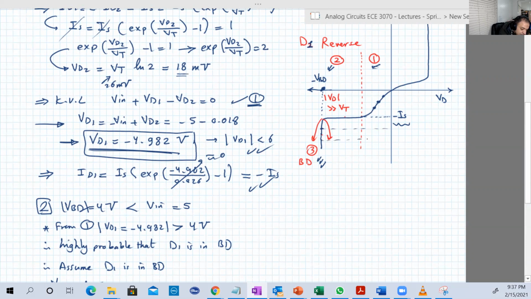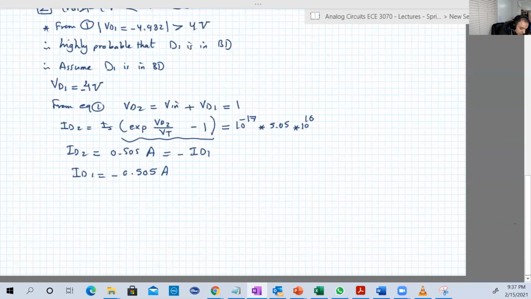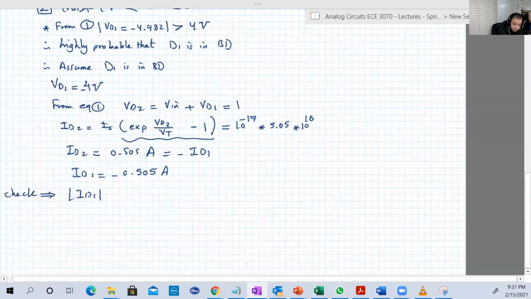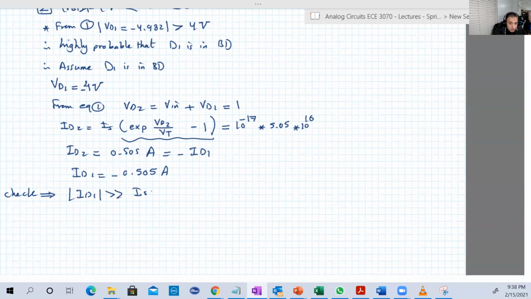If we are working in here, this is greater than IS, and so on. So this is basically ID1. Check here. As a magnitude it is much greater than IS. IS is 10 to the power minus 17. And look here, this is half amperes.